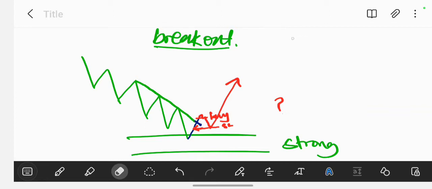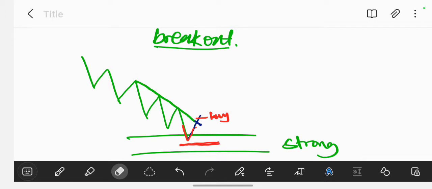So the sensible area to place your stop loss is somewhere there, because if you move left, you can see that the last time price tried to reach there, it failed. So this area is not easily reachable.